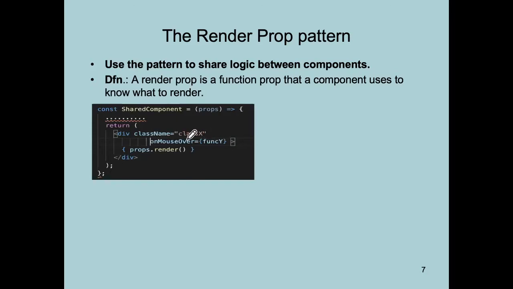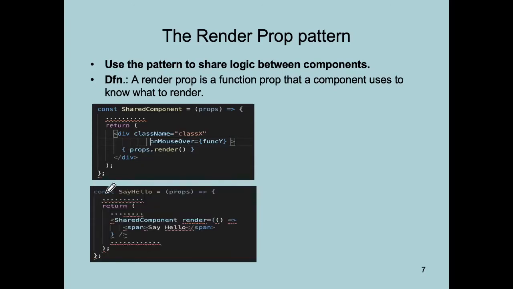So whatever's inside the div, if you mouse over the div, then this function Y will execute. That function Y is defined up here, presumably somewhere. But here's the interesting part. Within the div, I'm calling a prop called render, and I'm calling it as a function. So whatever this function returns, that's what's actually going to be inserted in here as JSX.